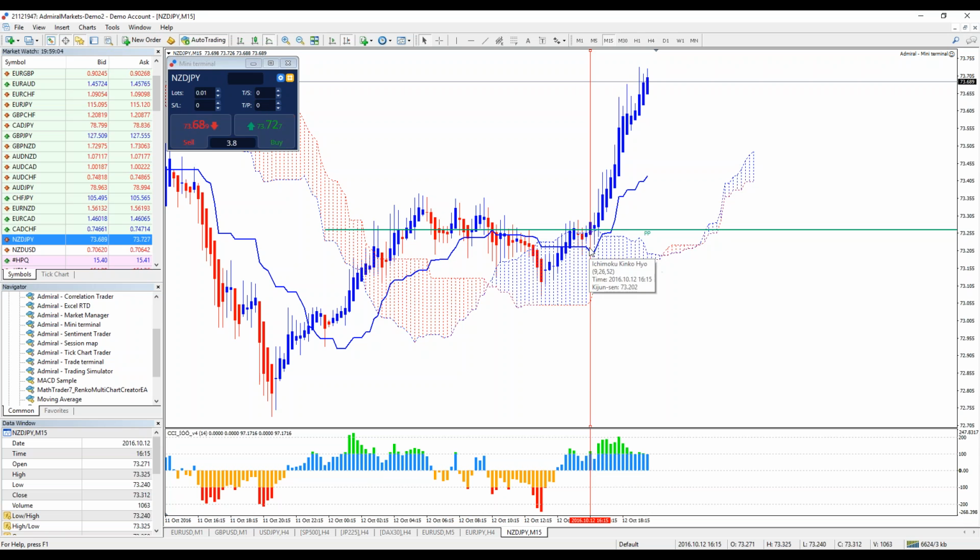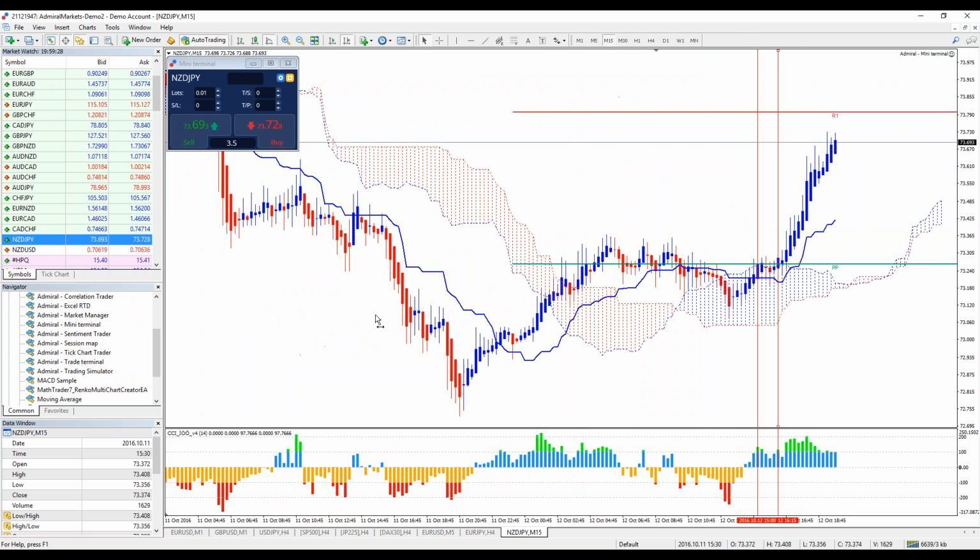And here, this is your entry. Ideally, this is your entry, or even here, this also could be your entry. So the main thing, price needs to be above the cloud and above the blue line, and CCI at or above 100. But it's not that good to be above 200, because then the price might reverse.